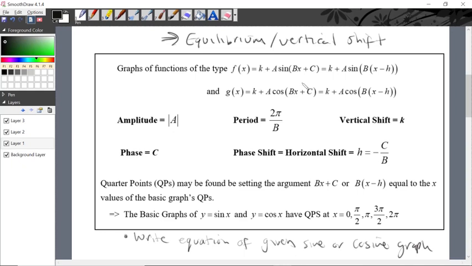The justification for that is if you factor out b from this argument, you'll get b times the quantity x plus c over b. Then x plus c over b would equal x minus h if h is equal to negative c over b, because x minus negative c over b is the same as x plus c over b. So there's your justification right there. So you can find the horizontal shift by knowing the values of c and b, formulaically.